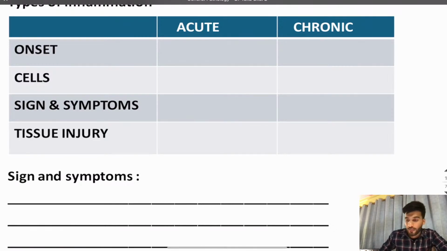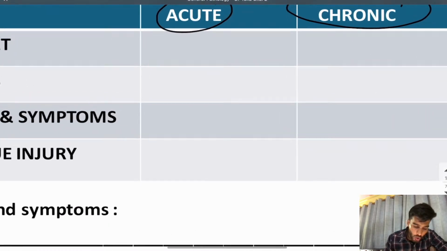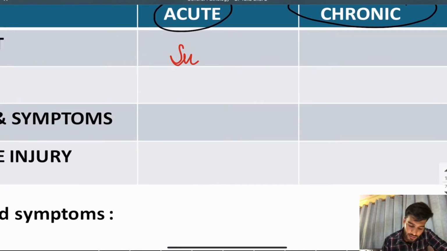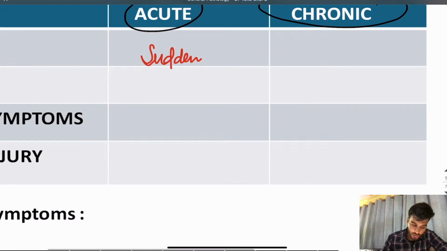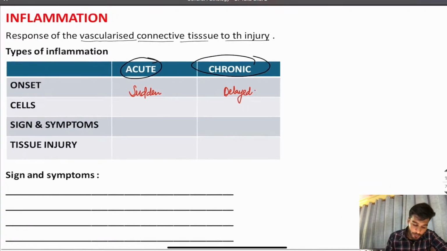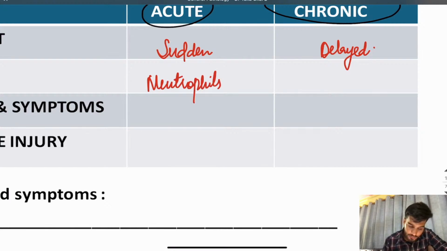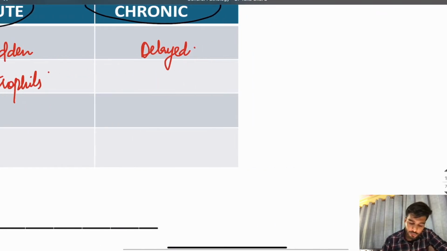Now we have two types of inflammation: one is acute, another is chronic. By the name only, acute means sudden onset of inflammation, and for the chronic one the onset will be delayed. If I talk about the cells, in acute inflammation we have neutrophils, and in chronic we have lymphocytes and macrophages.